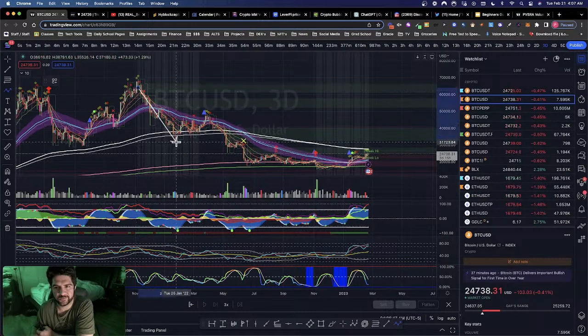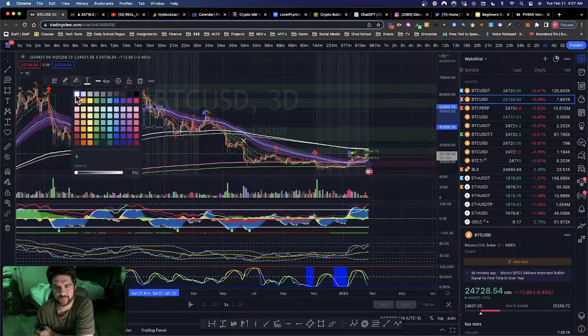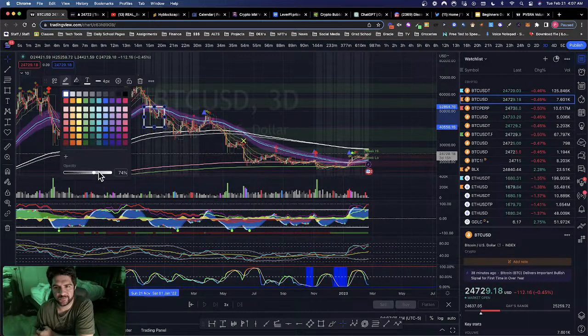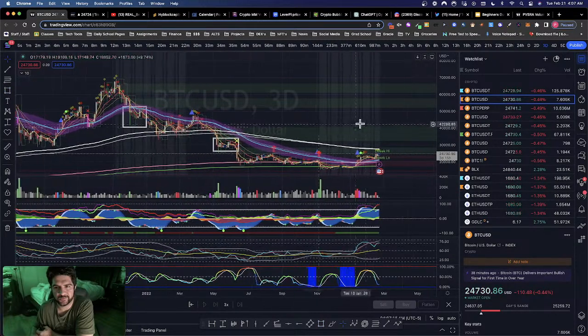When you did this drop, you came back up into here, and you took this zone right here. Now, tell me that this is not the same as this. These are the same structures.